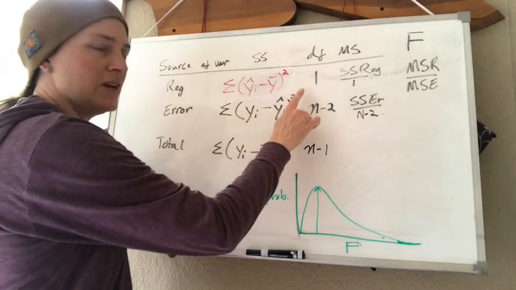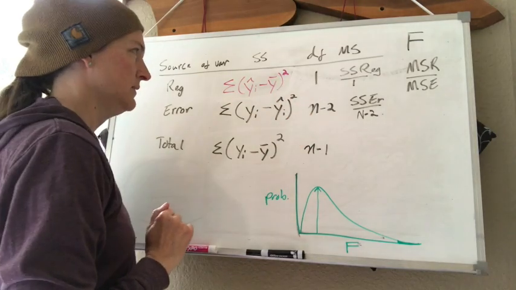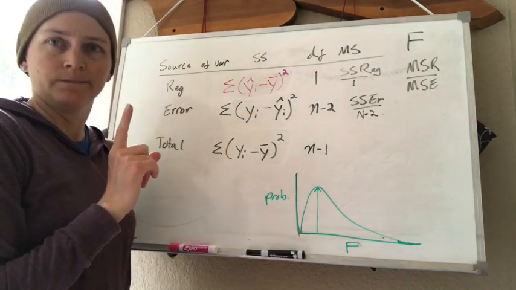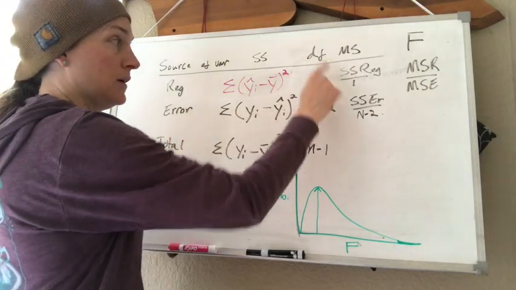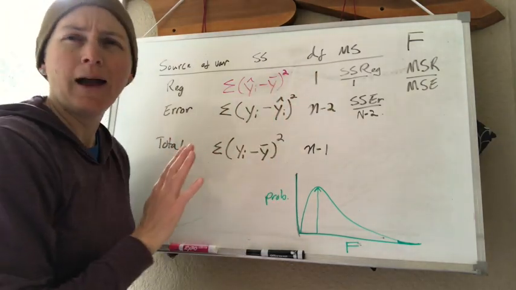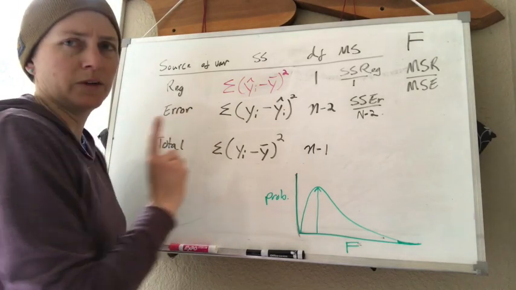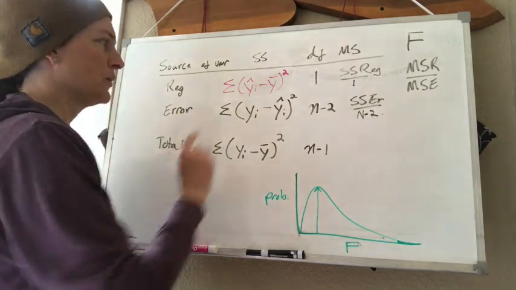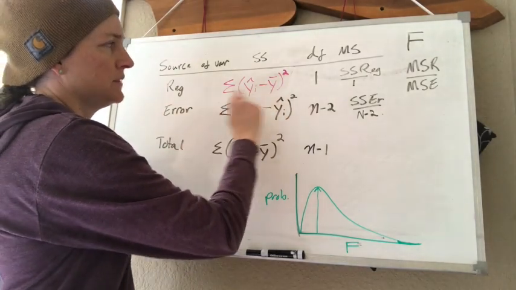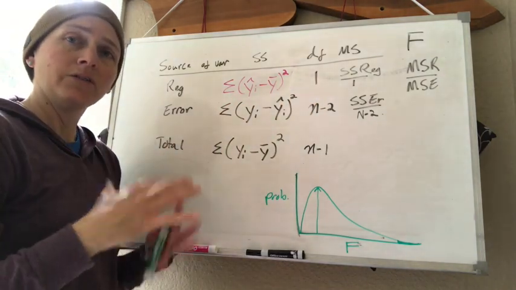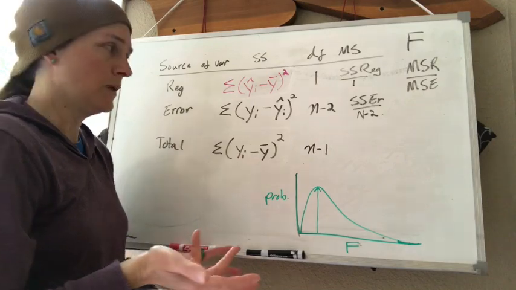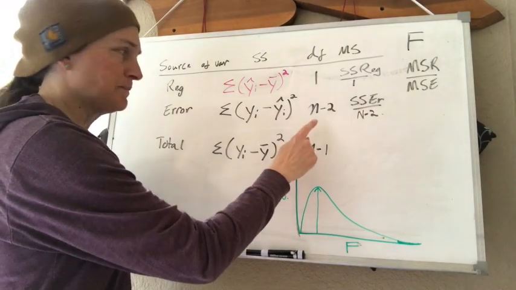So the degrees of freedom are kind of confusing for regression. There is always one degree of freedom for the line, for this regression term. Always. Doesn't matter how big your data set is, there's one degree of freedom to understand the prediction of the line. Now, all of the rest of your degrees of freedom end up in the error term.